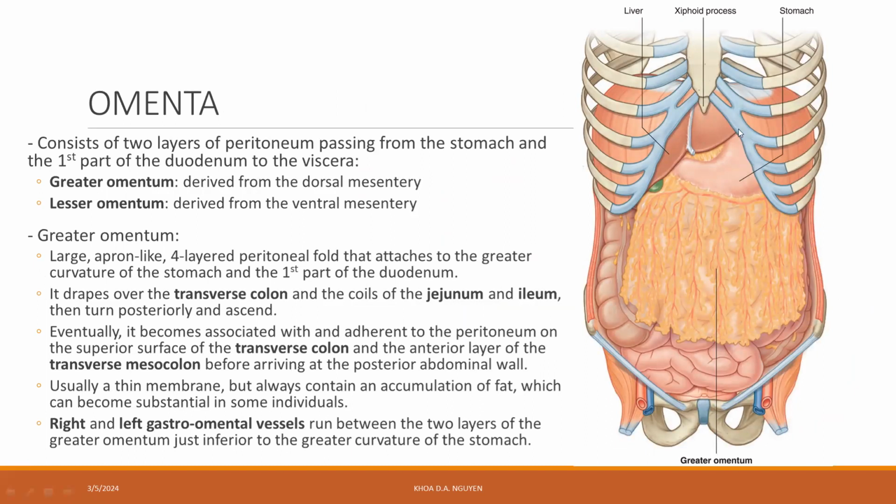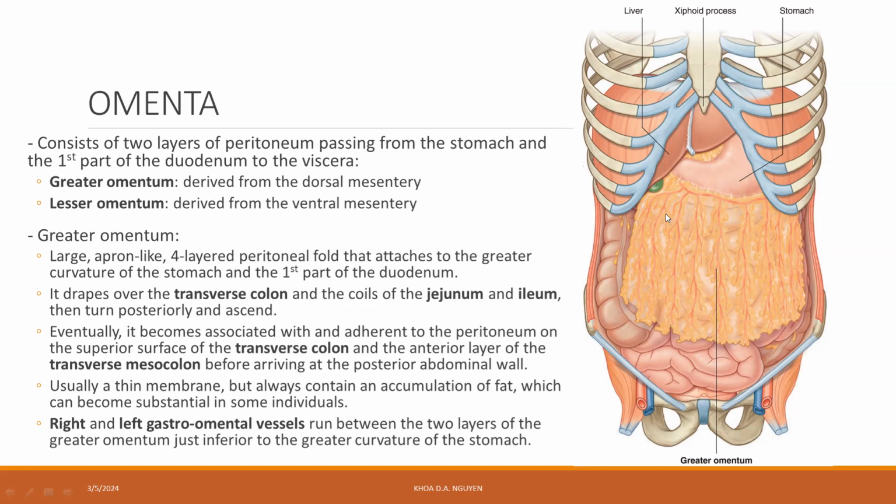The two omenta include one greater omentum that looks like an apron, that extends from the greater curvature of the stomach, hence greater omentum, and travels down and loops back up to eventually insert into the transverse mesocolon. You will not be able to see it here, but you will in the next image.